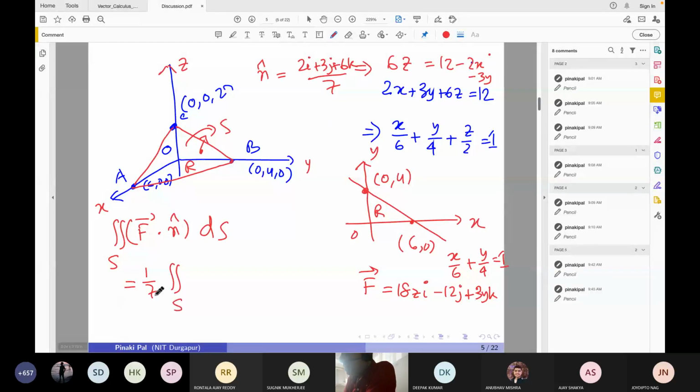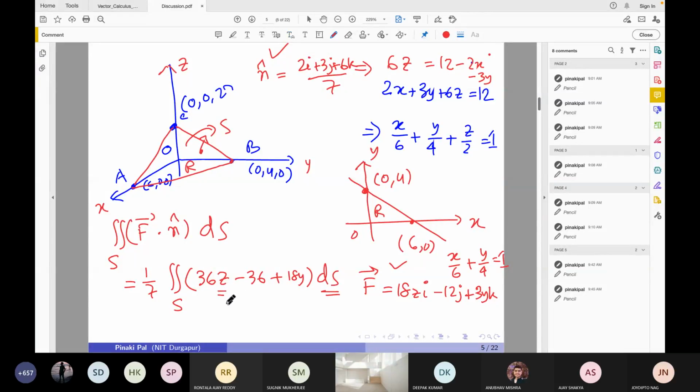F dot n will be given by 36z minus 36 plus 18y, dS, right? Dot product of this F with n, this is your n. So this is my dot product, and then we will change this dS as well as this z.